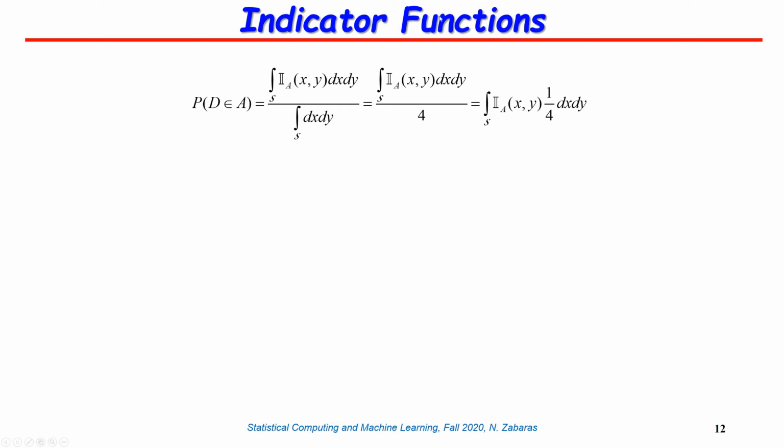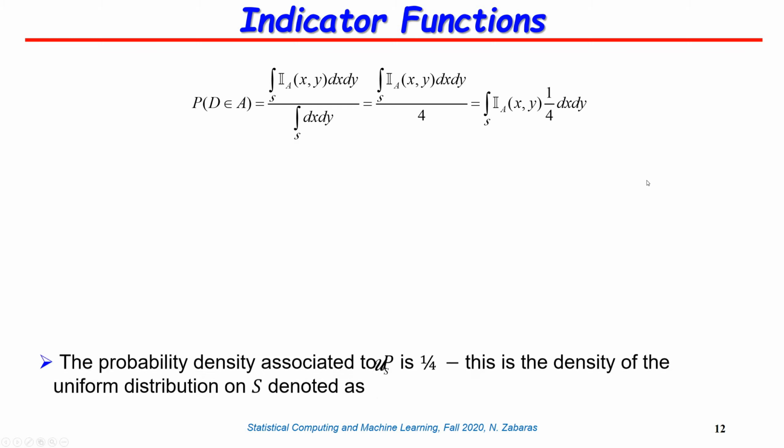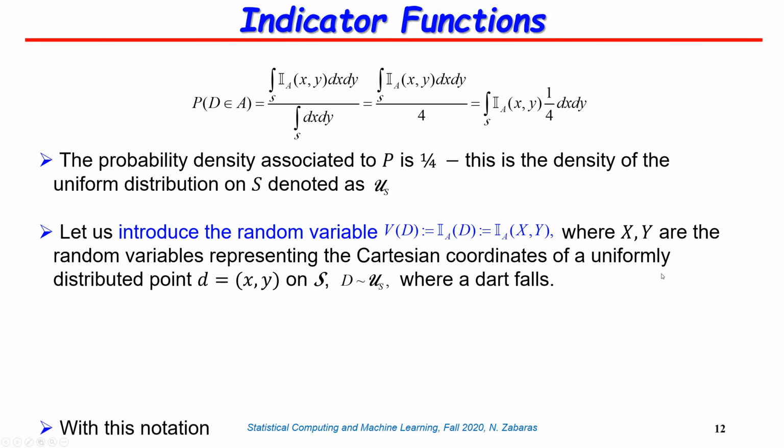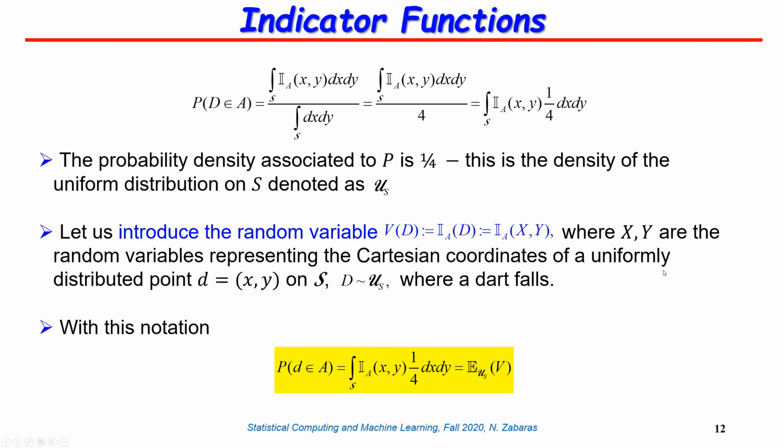Effectively, under the uniform distribution, what you see here is the expectation with respect to the uniform distribution of the indicator function I subscript A of x and y, which here I call v of d, where d is x comma y.